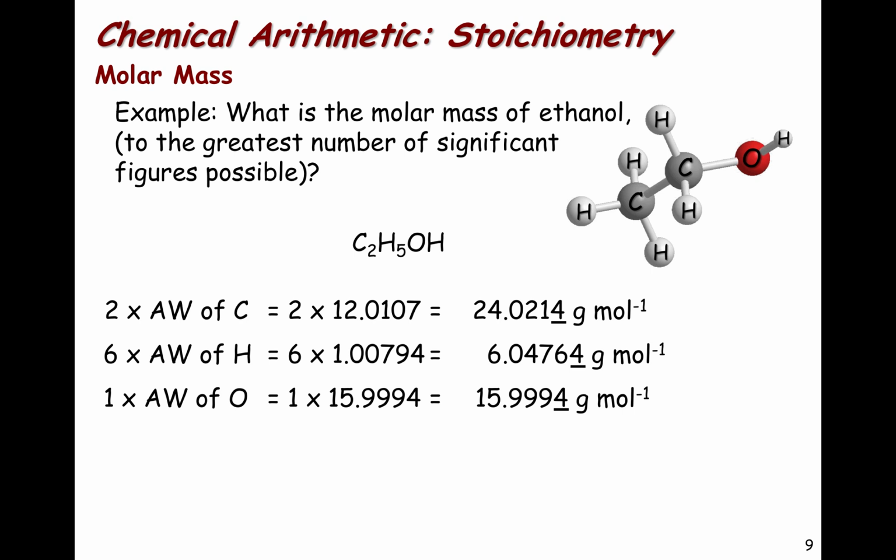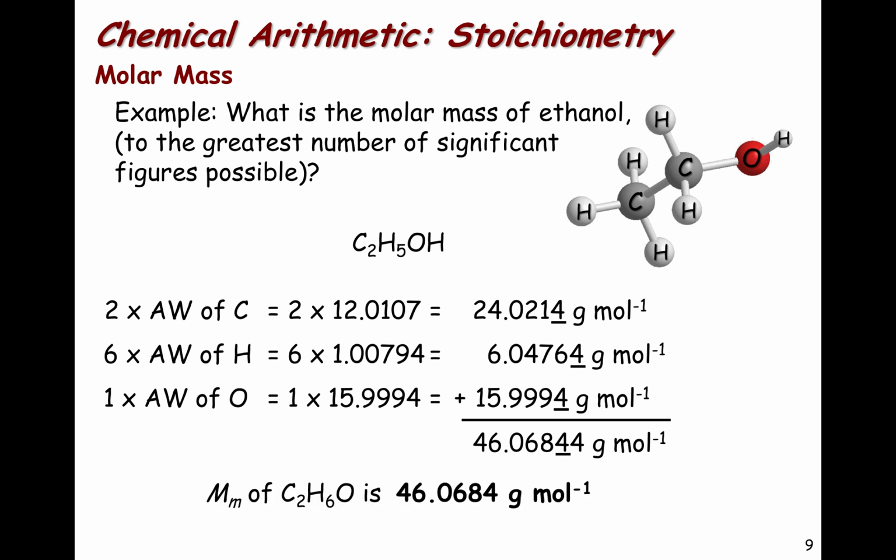So the common digit is in the 10,000th place when we add these together. And so we need our least significant digit to be the digit that is in the 10,000th place, which is the first of the 4s. So molar mass for ethanol is 46.0684 grams per mole.